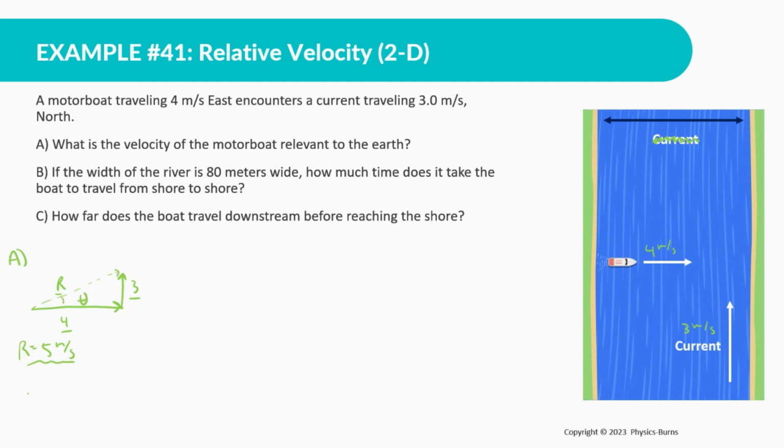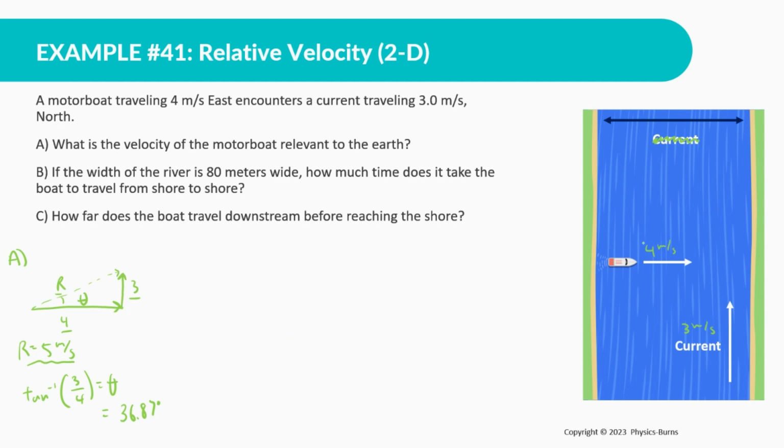I am going to find this angle. I'm going to use tan. Opposite is 3, TOA. Adjacent is 4. And this is going to give me an angle of tan inverse 3 divided by 4 of 36.87 degrees.